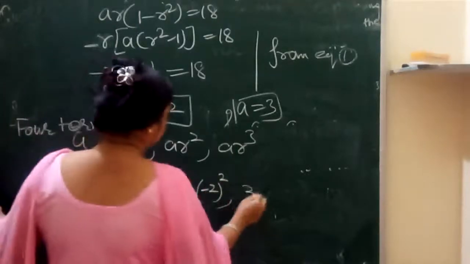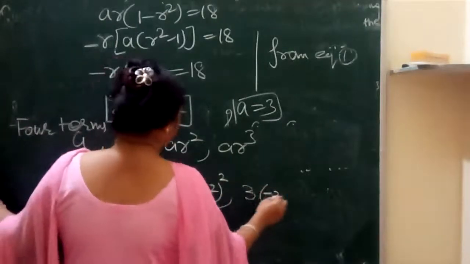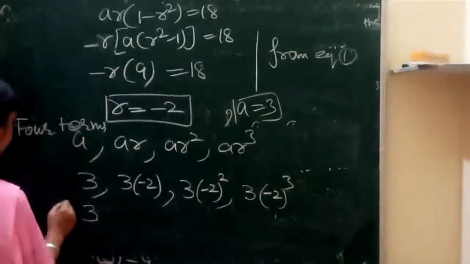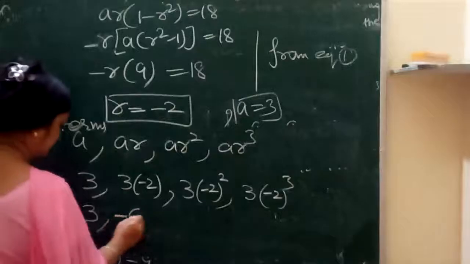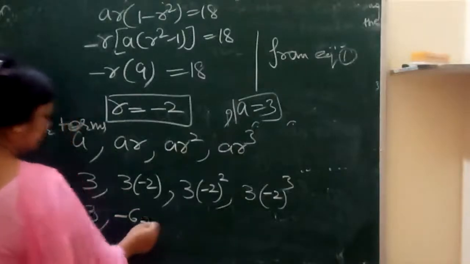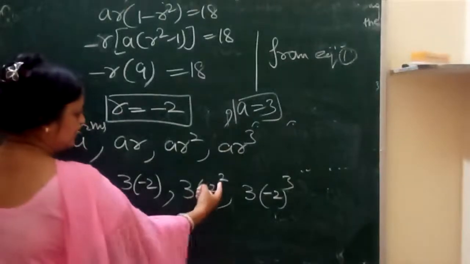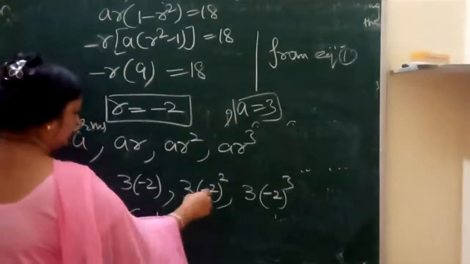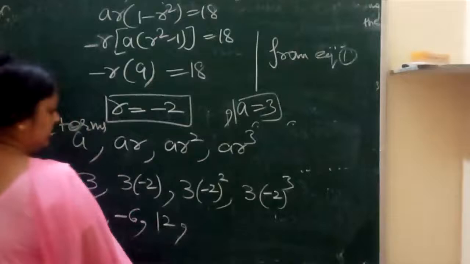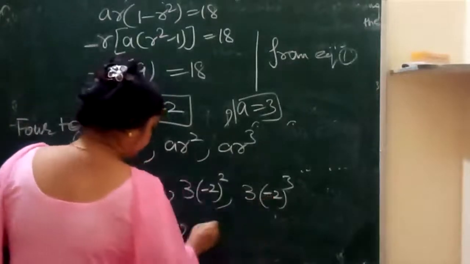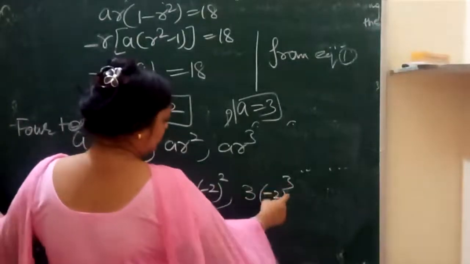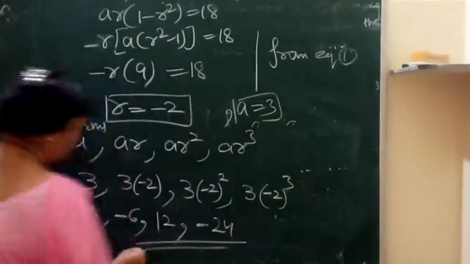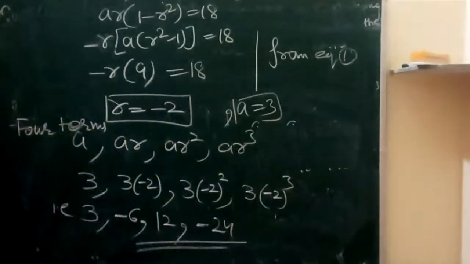And the fourth is 3 into minus 2 cube. So the first term is 3, then minus 6. Then it is plus because of the square, so 12, that is 4 into 3. And here minus will come because the power is odd, so 2 cubed is 8, giving minus 24. These are the required 4 terms.